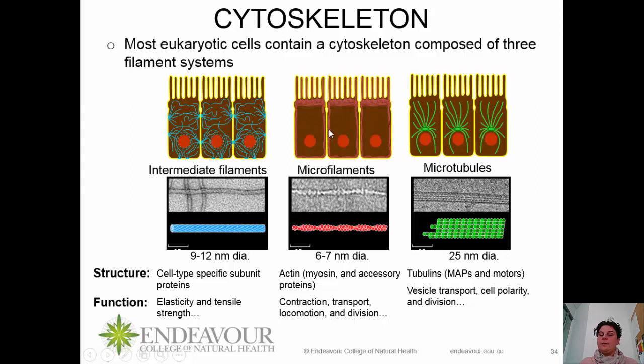Now, the difference between the intermediate filaments and microfilaments is not just the protein that they're made of, but also where they are in the cell. So microfilaments provide structural support and the ability to transport things, and they're only found on the outside of the cell. So there's none of it inside. These microfilaments are only outside of the cell.